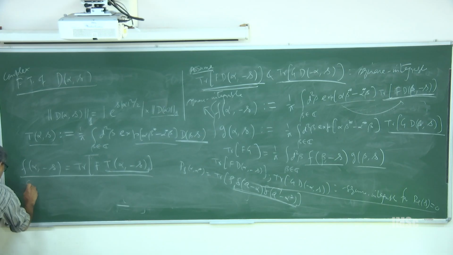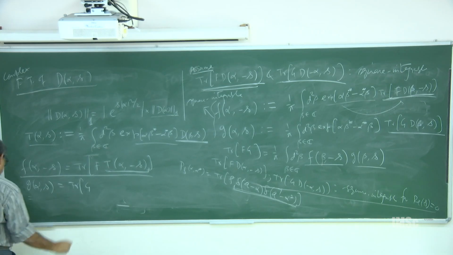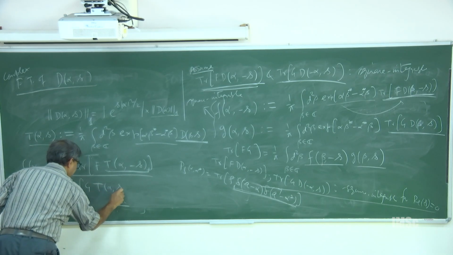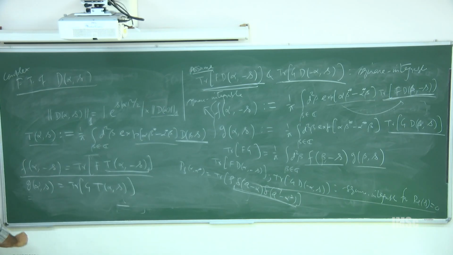And also you can show that g of alpha and s is equal to trace of g t of alpha and s. Look at the definition and this is what you will get. So simple expression. But it will still be bounded and unbounded. G and f we have assumed to be bounded operators. So small g and small f will still be bounded and unbounded like before. So what did we gain here? Basically, what we gain is a systematic expression for this thing.